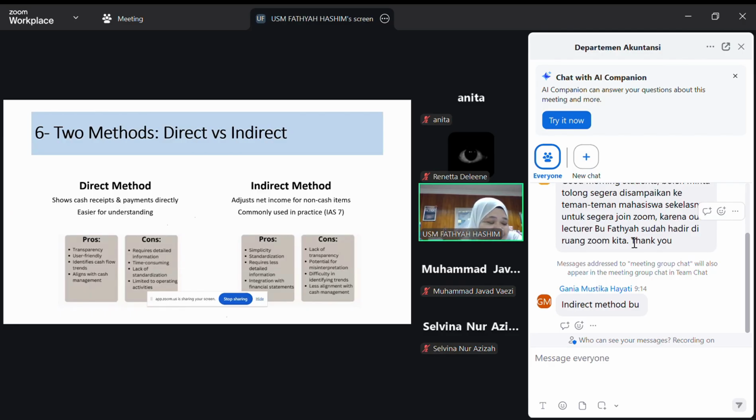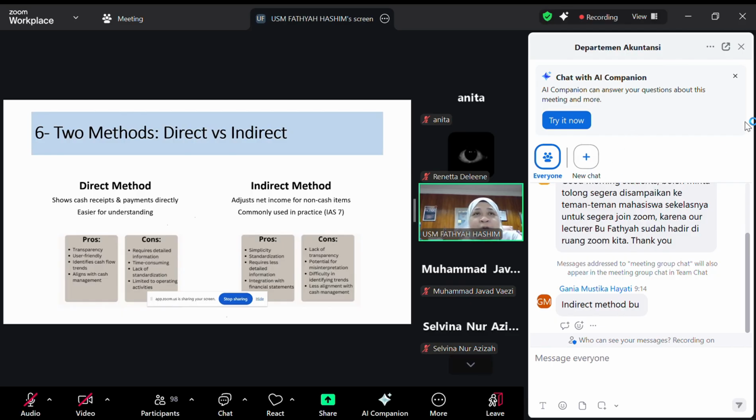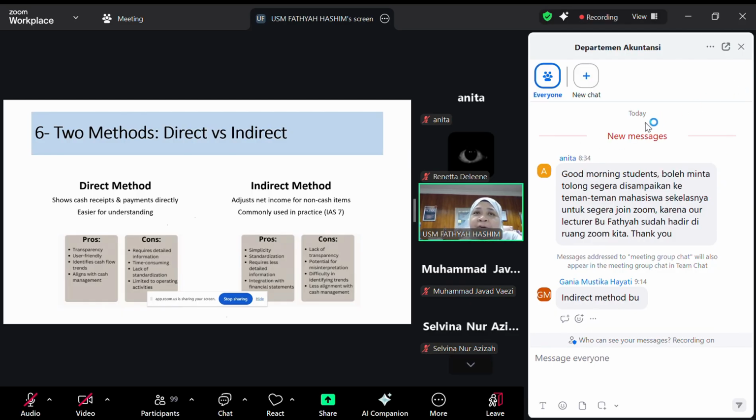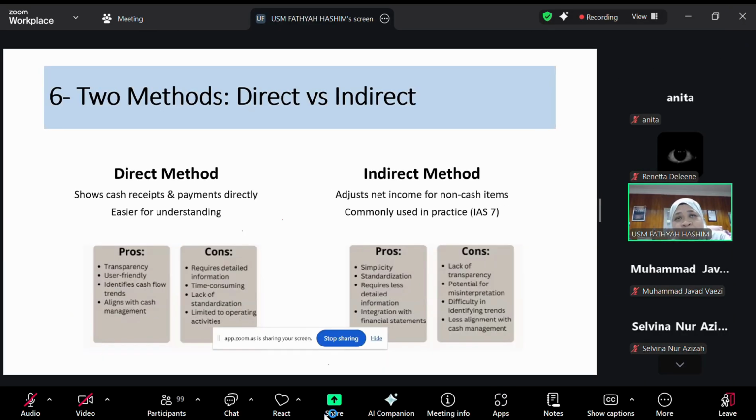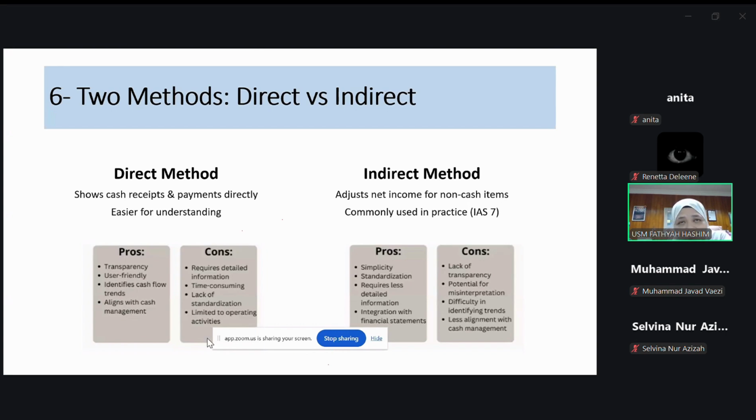Okay, just one feedback: indirect method. Both methods, by the way, are acceptable. It's not wrong to use direct, nor does indirect lack advantages. But most companies would choose indirect.